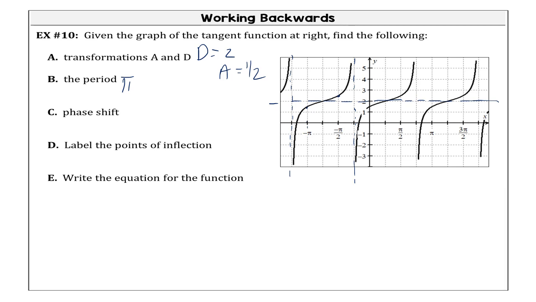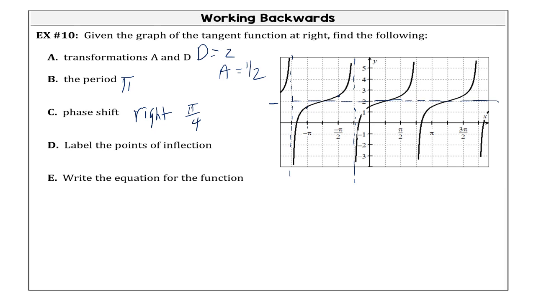Well, normally we are at negative pi over 2. And now we're at negative pi over 4. So that means that we had to shift right. And we went right approximately pi over 4 units.